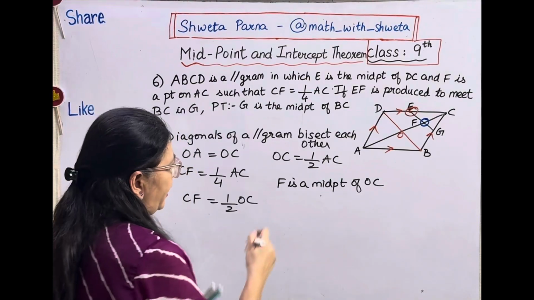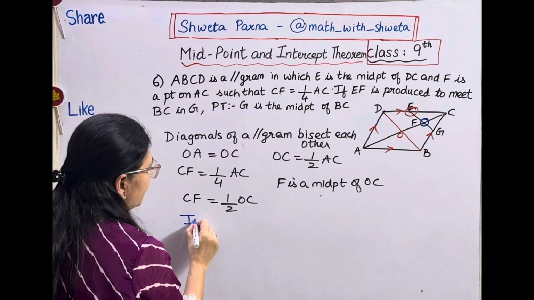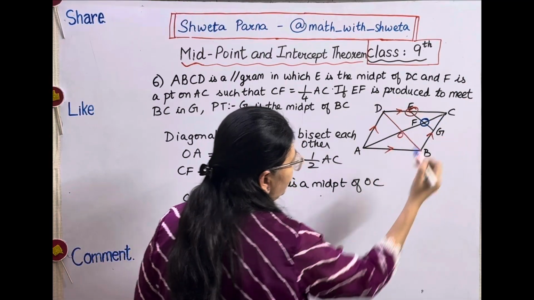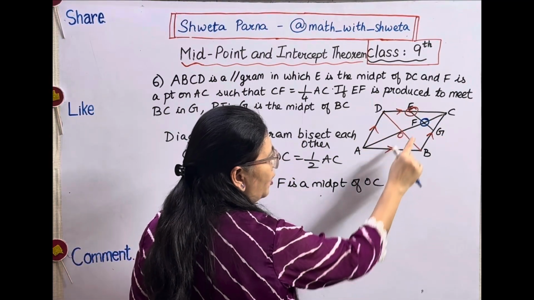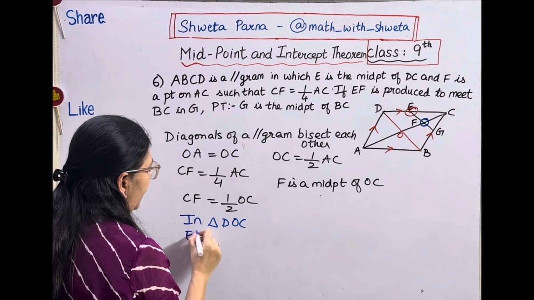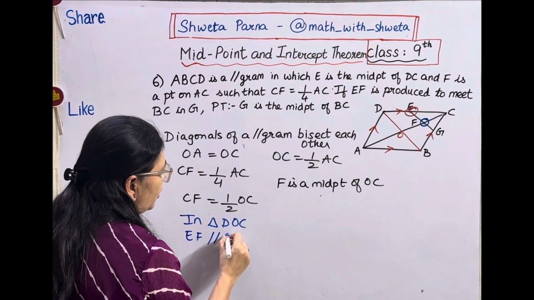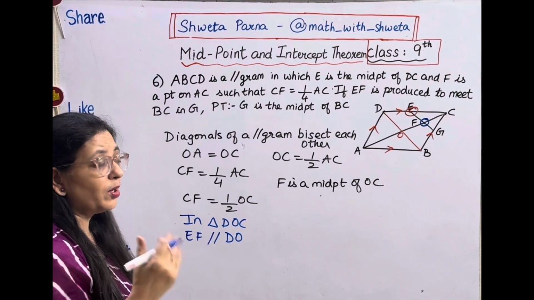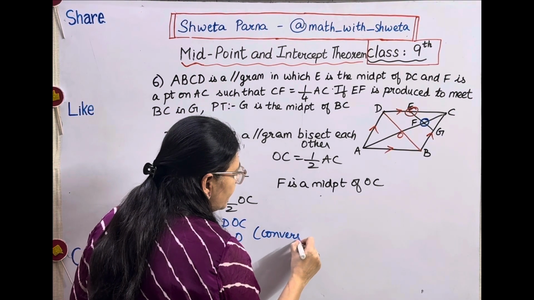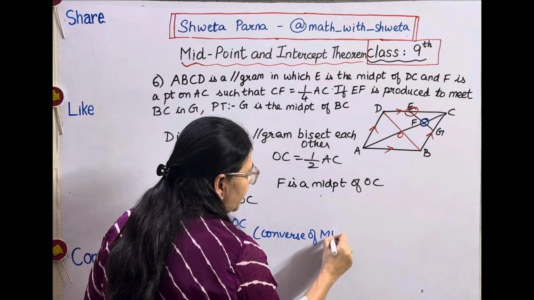Now in triangle DOC, E is a midpoint. We got that F is a midpoint. That means EF is parallel to DO. What is the reason? Converse of midpoint theorem. Correct? Midpoint theorem.